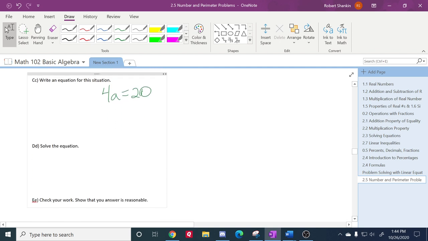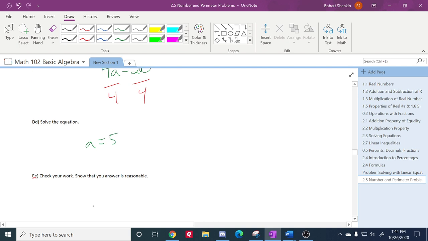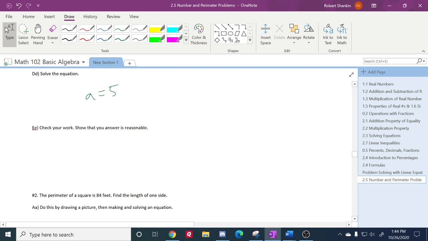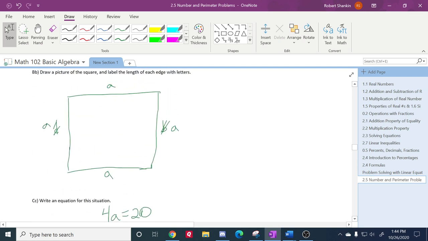All right, and then we solve the equation. Well, we all know how to do that. We're going to divide by 4. And we got A equals 5. Check your work, show that your answer is reasonable. So then we would go back to the picture, and I would put, these are all 5.